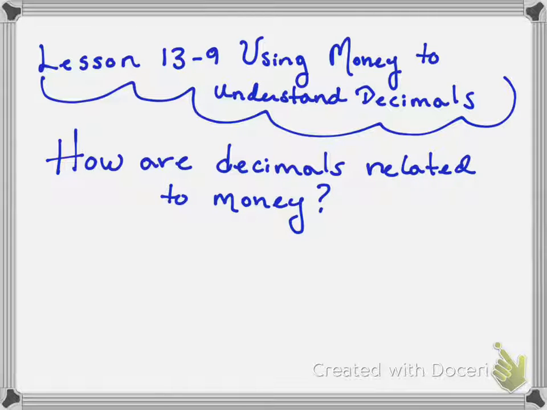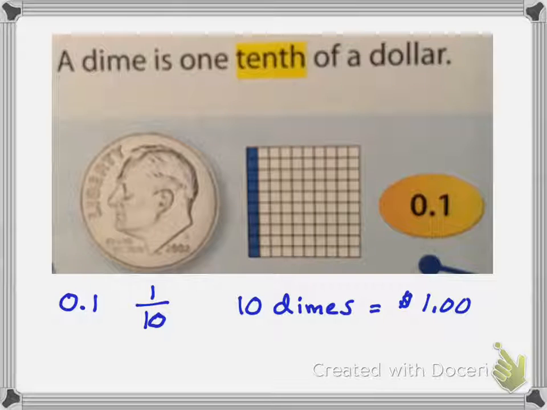Using money to understand decimals. Yay, money! How are decimals related to money? Well, a dime is 1/10 of a dollar. 0.1, 1/10. 1 over 10, that's how it looks as a fraction.